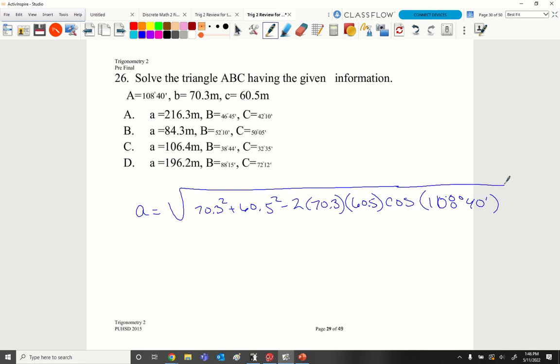There you go, just like that. And yes, these are a pain to put in the calculator, but guess what? That's the cost of getting it right every time.